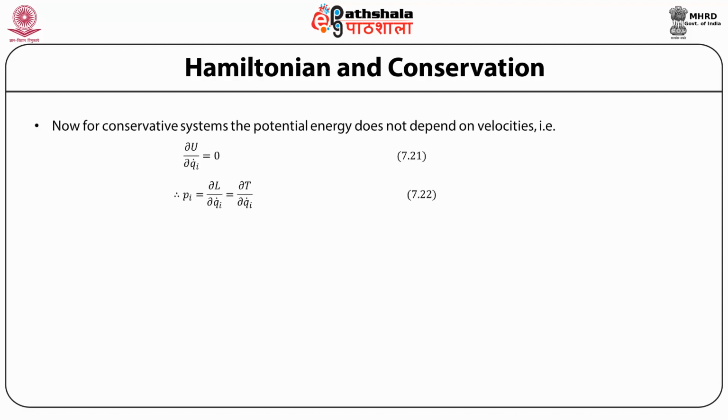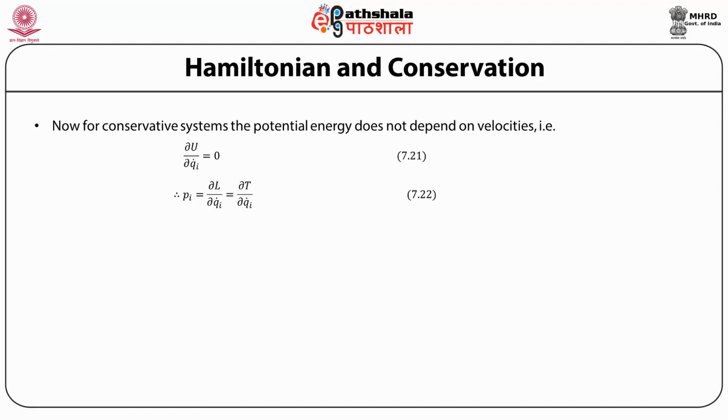Now, for conservative systems, the potential energy also does not depend on velocities. Therefore, the partial derivative of U with respect to the generalized velocity q_i dot is equal to 0.